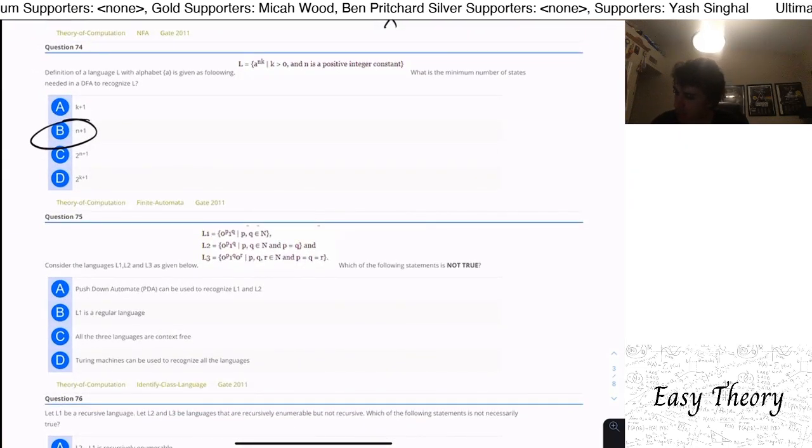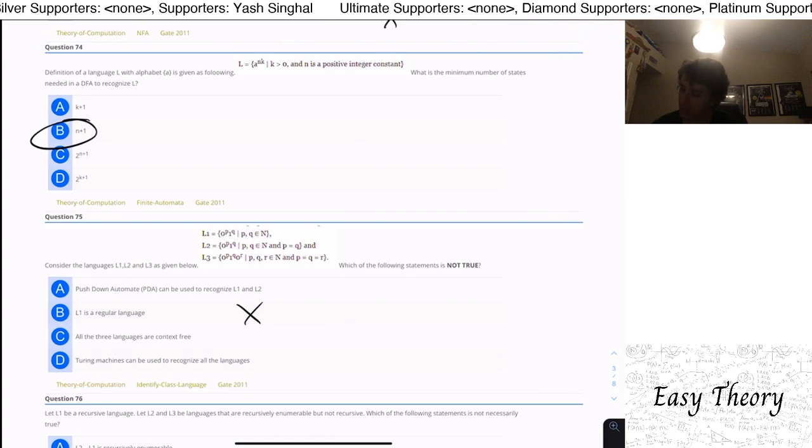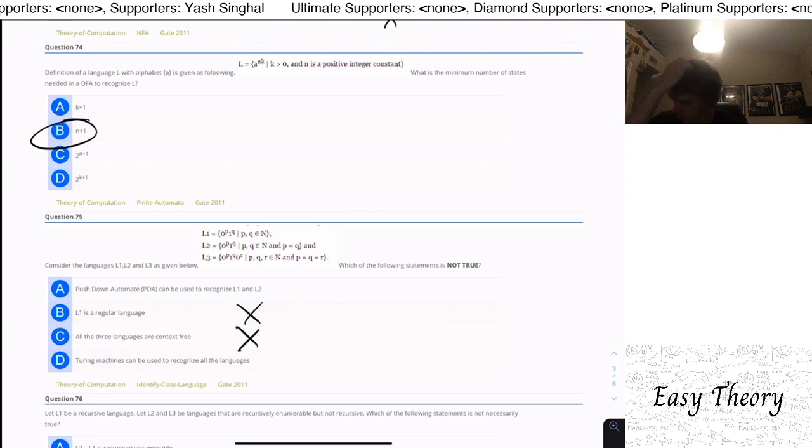We have 3 given languages. Which of the following statements are not true? L1's regular. Nope, that's not true. The third one is not context-free, so C is not true.